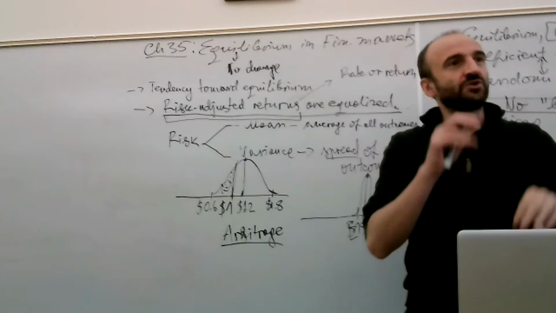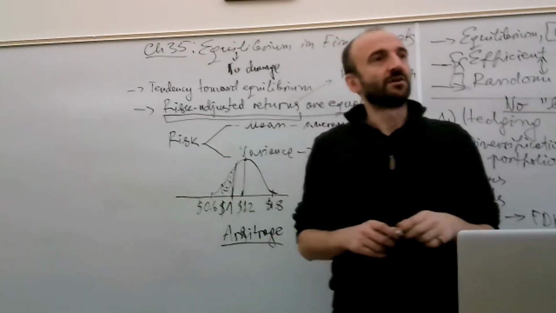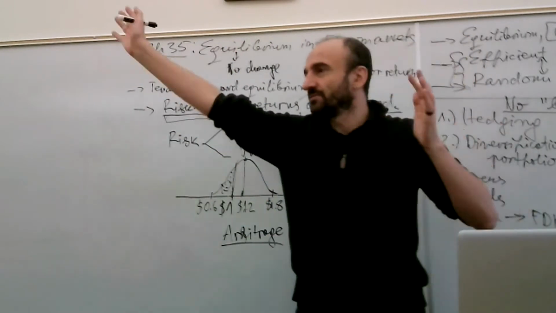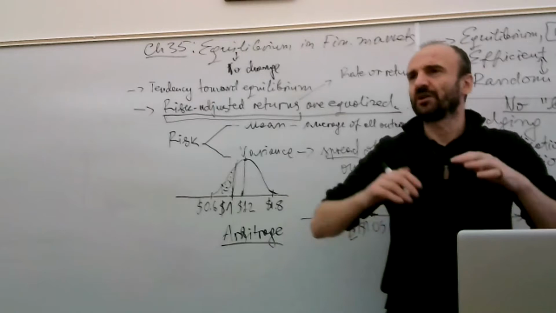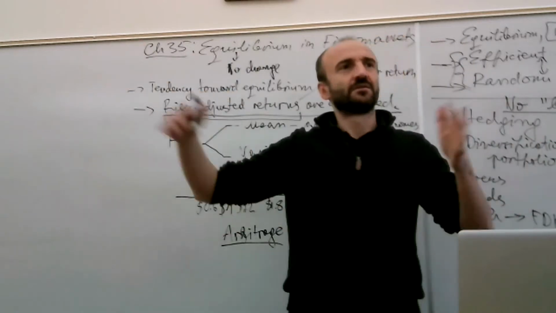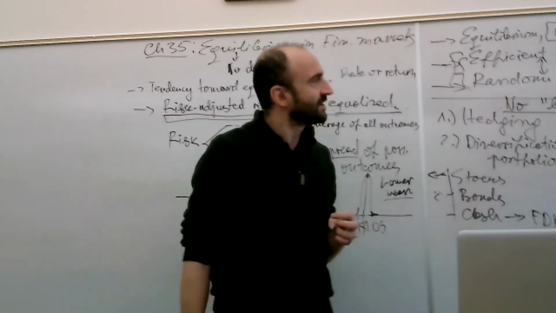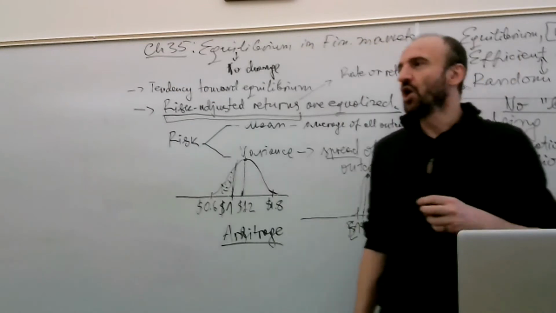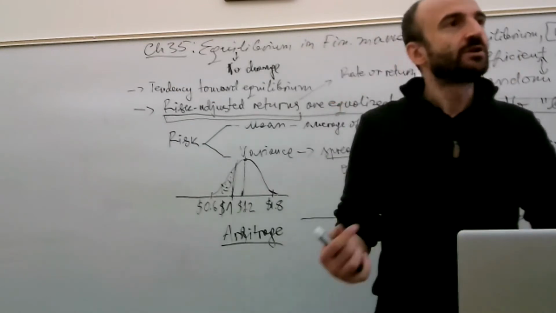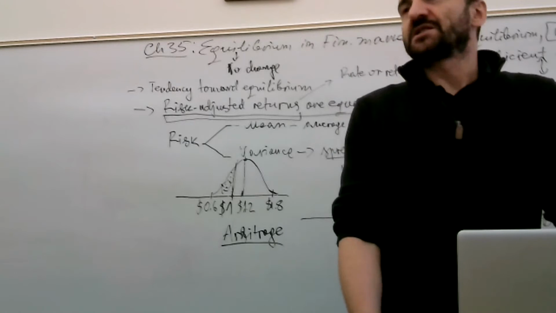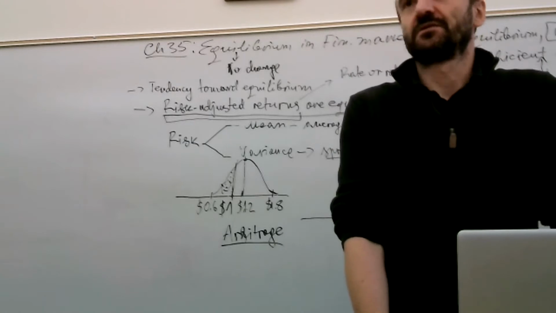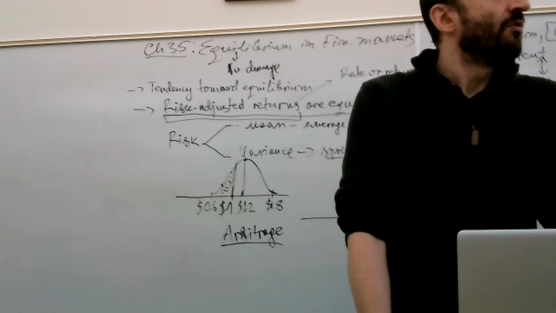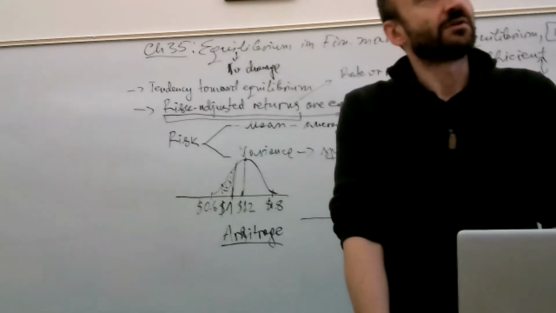And on average, you will have this efficient long-term equilibrium, in which nothing dramatic happens. So that's the idea. No financial bubbles. It means no systematic and long-term mispricing of financial assets. Mispricing means overvaluing or undervaluing.